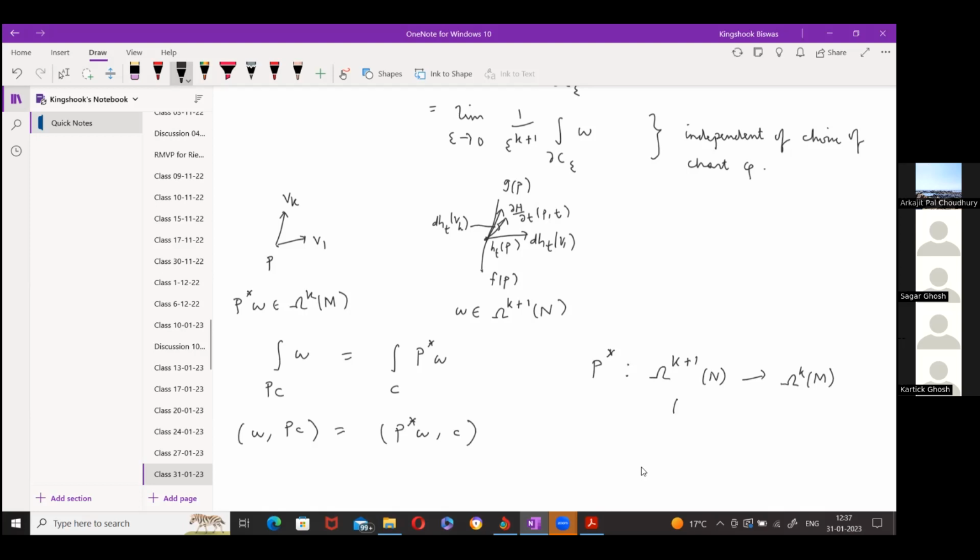You think of these (k+1)-forms on N as sitting inside C_{k+1}(N) dual, the (k+1)-cochains on N. And here you have the dual of the prism operator mapping to k-cochains. Is this clear? So the dual of the prism operator is given by this formula, this P star omega that we defined, and it takes the subspace of (k+1)-forms on N to the subspace of k-forms. Is that clear?